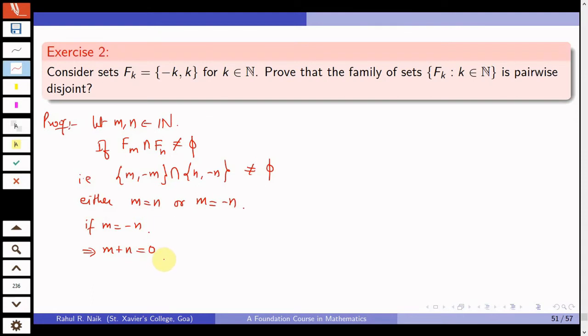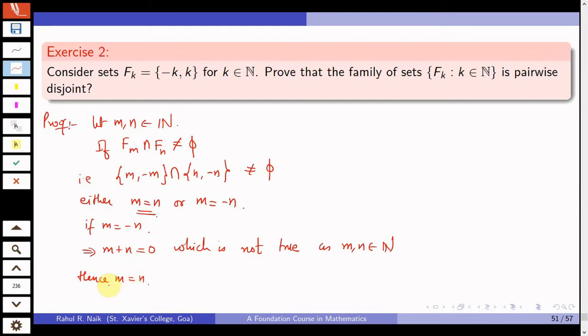Can this ever be possible for m and n natural numbers? They are positive integers, so the sum will never be equal to 0, which is not true. As m and n belong to N, the only possibility is that m is equal to n, hence m is equal to n.